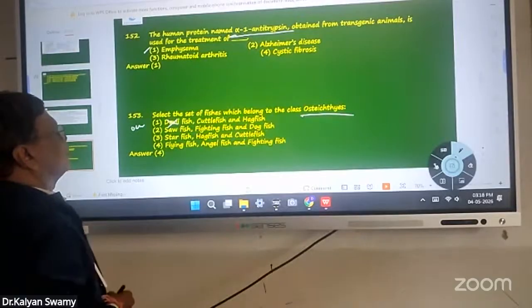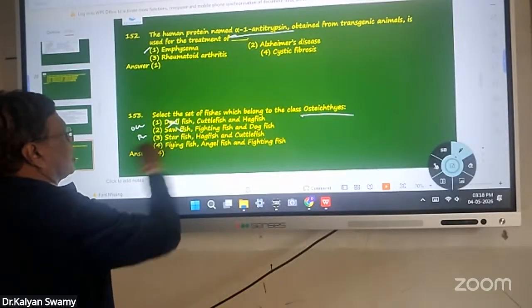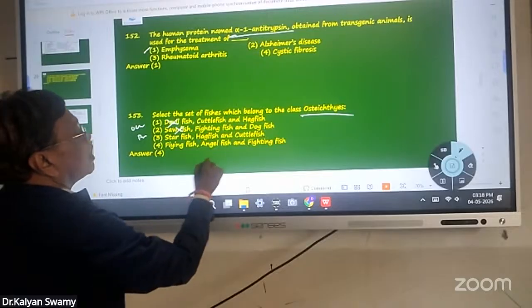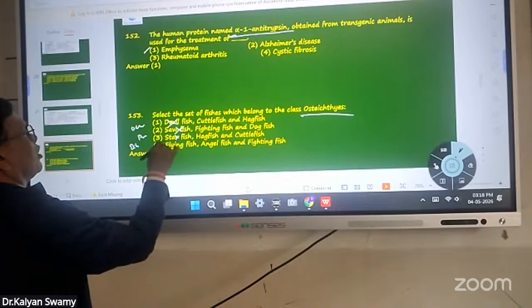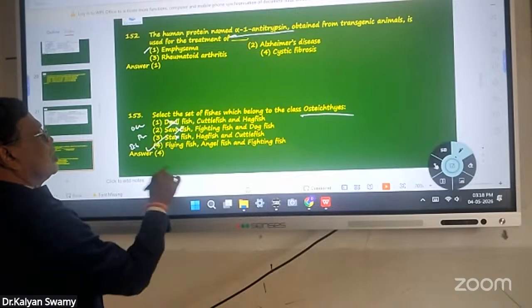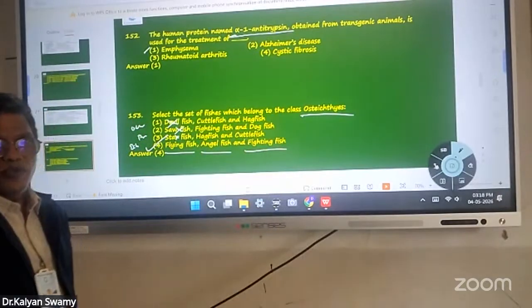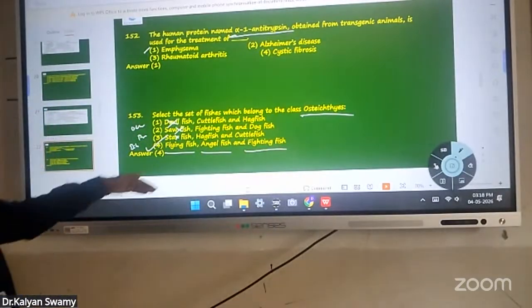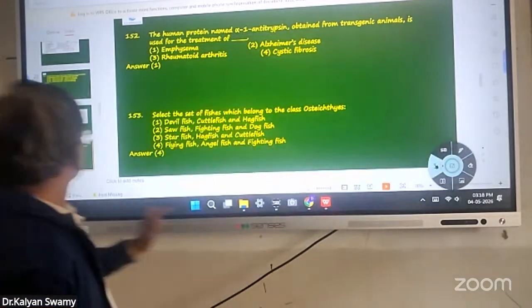Can strike off this. Sawfish, Pristis, that is a cartilaginous fish. It is the second to strike off. And next, starfish belongs to Echinodermata. The remaining ones are flying fish, anglerfish, fighting fish. They are the bony fishes. All remaining are well known to you.